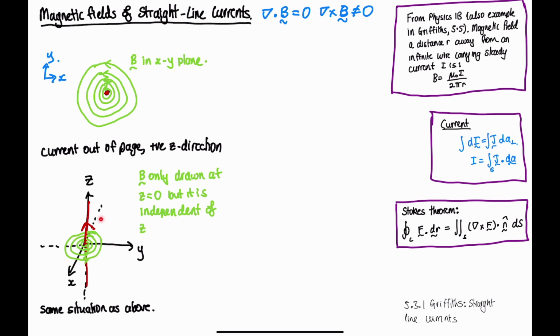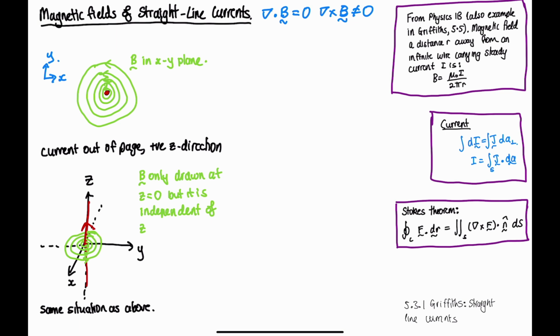And just a note, they are looping around the same all the way up and down the z-axis. This is independent of z. It was just simpler for me to draw them at the one point, so I did. But the magnetic field line up here, if this is like a point along the y-axis, is going into the screen in the xy plane, the same as it is down here. I just haven't drawn it there.